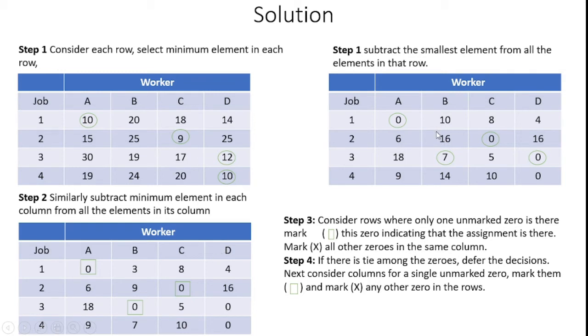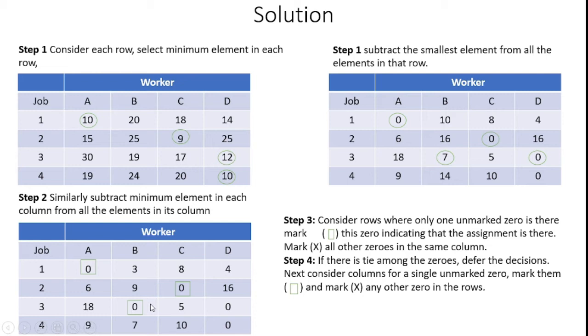So 10 minus 7 is equal to 3, 16 minus 7 is equal to 9, 7 minus 7 is equal to 0, 14 minus 7 is equal to 7. From this I can get this element also 0 with B and the third job.